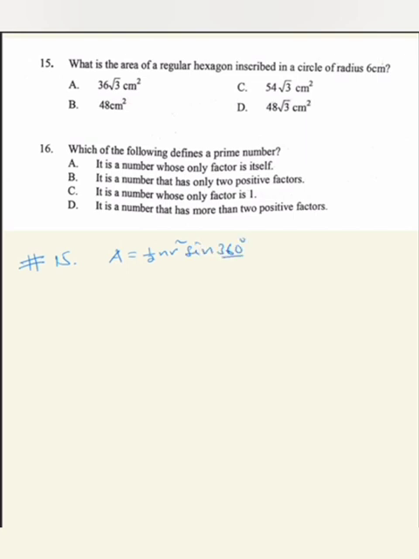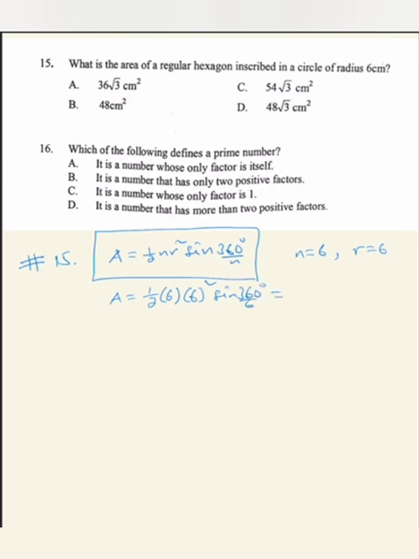360 degree over n. ይሄ የምን ፎርሙላ ነው? Area of a regular polygon inscribed in a circle. Okay, አሁን ሄክሳገን ስለሆነ n 6 እናደርጋለን, r ደግሞ 6 ተብሎ ተሰጥቶናል. So the area of this regular hexagon inscribed in a circle will be half of 6 times 6 square times sin 360 degree over 6.